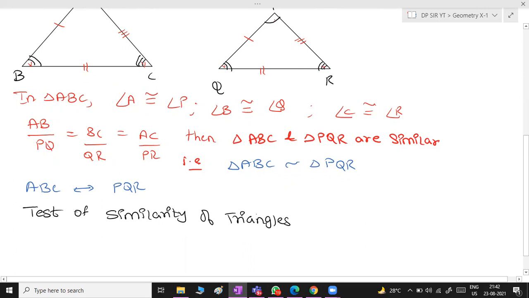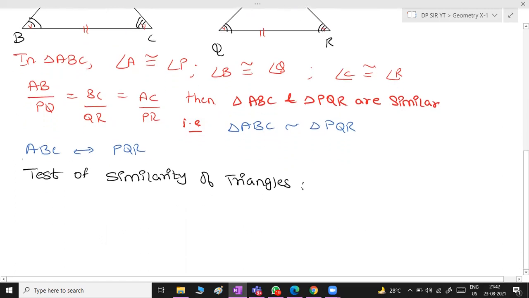Okay, so test of similarity of triangles. When three specific conditions are fulfilled, I'll just write for you all. To prove two triangles similar, it is not necessary that we prove all pairs of corresponding angles congruent and sides in proportion.